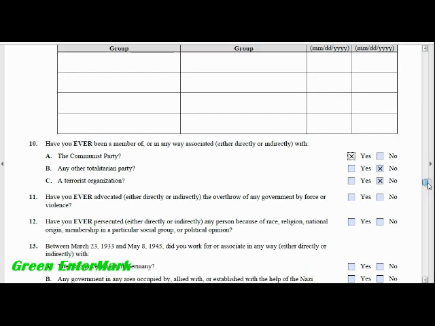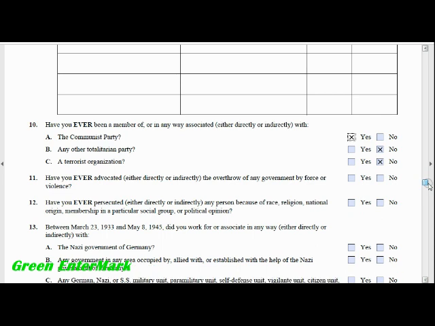You do not need to hide anything. Okay, now 11. Have you ever advocated, either directly or indirectly, the overthrow of any government by force or violence? It means, for example, that you have any suit against you or something like that. Just mention it.